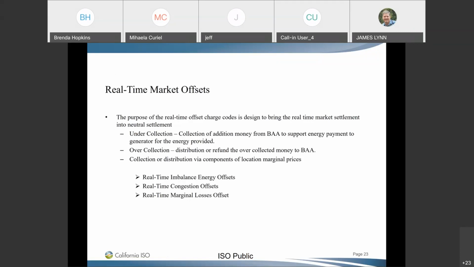However, the load is calculated or settled from the meter back to its base schedule. So when the market is resolving it, if the meter doesn't equal the demand forecast, I automatically have a bit of an imbalance. Some of that imbalance is resolved through operational adjustments, and some through uninstructed imbalance energy.